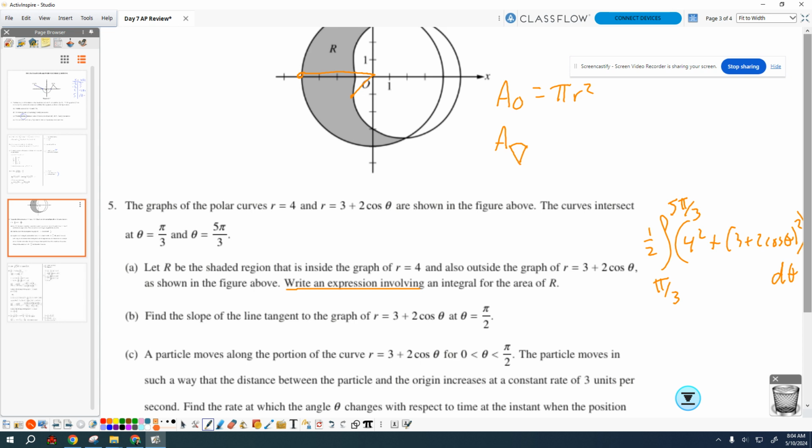Area of the piece is how much of that full circle are you looking to use? The pi's end up canceling out, and it's half r squared. And since the radius is changing, I need to integrate as that angle's changing over time. So that's where the formula comes from.